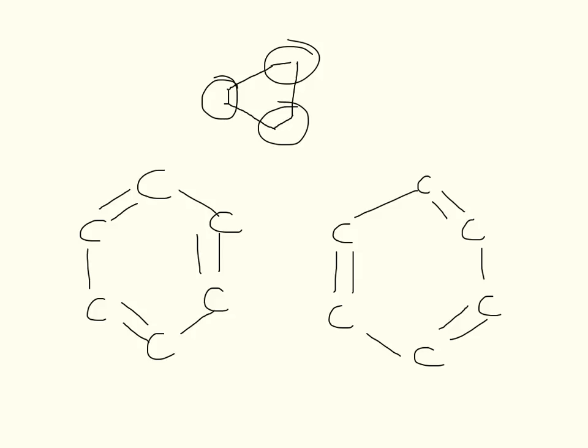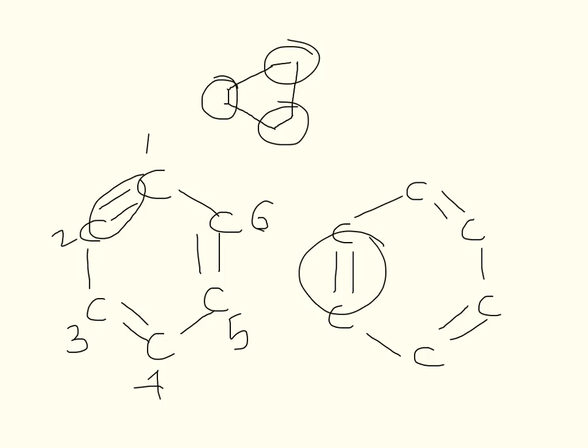Let me make a small correction here. If you notice, the double bond is between carbons 1 and 2 here, and it's between 2 and 3 here, right? It can be represented in both these ways.